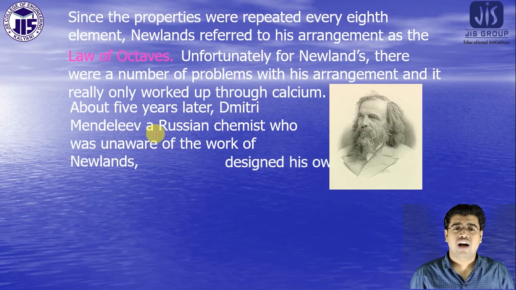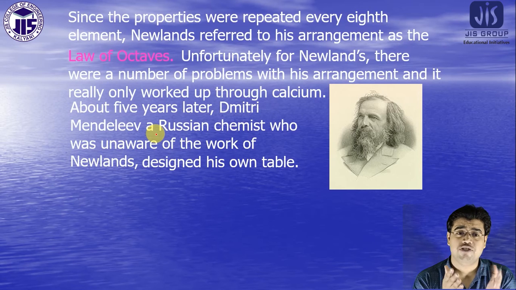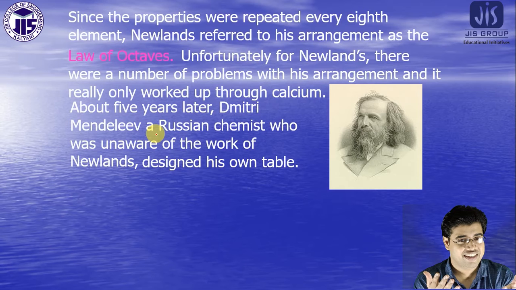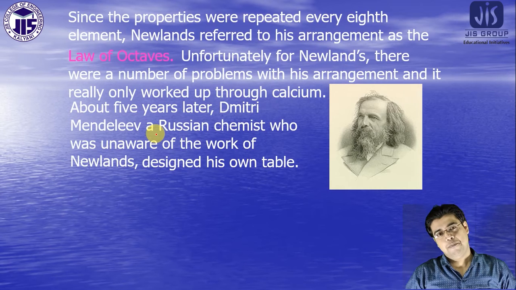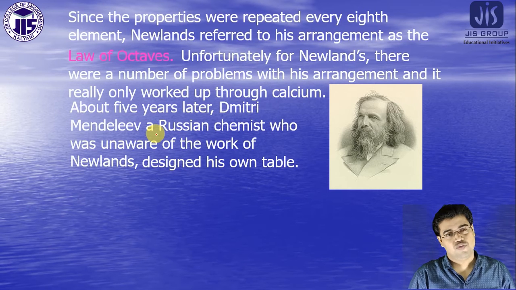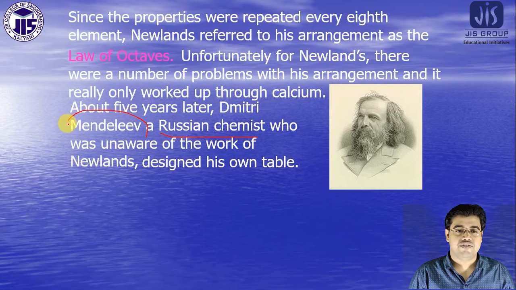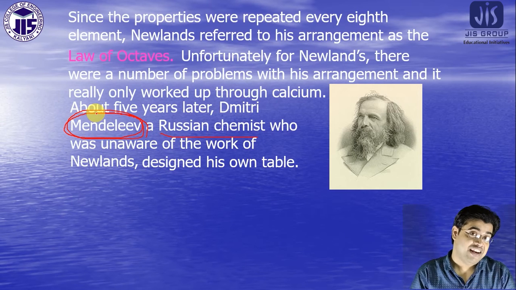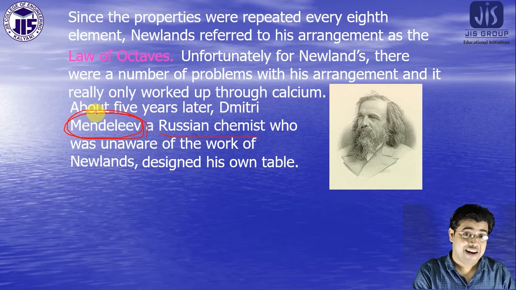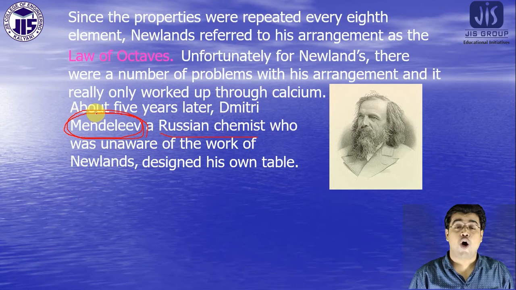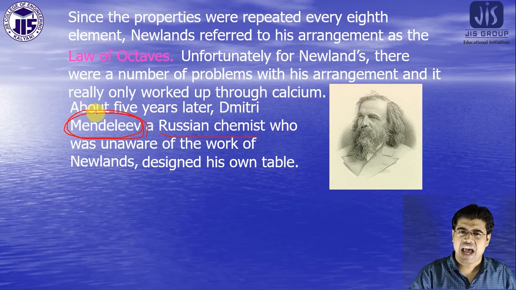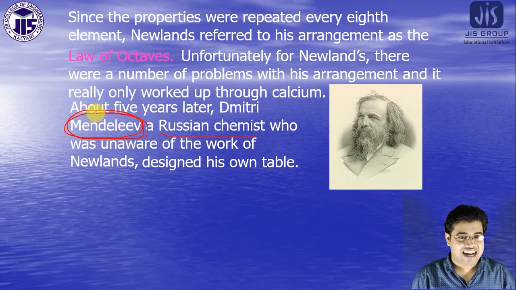Okay, so Newlands' octave theory failed, then the next and most famous scientist, all of us know the name very well, was one of the Russian chemists, and the name of the scientist was Mendeleev. Okay, so first time Mendeleev was able to give a proper table by which the elements were possible to accommodate.